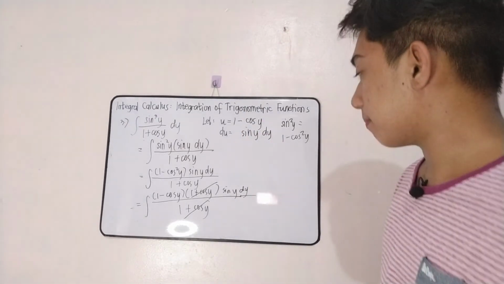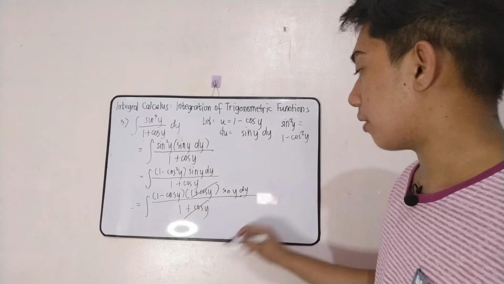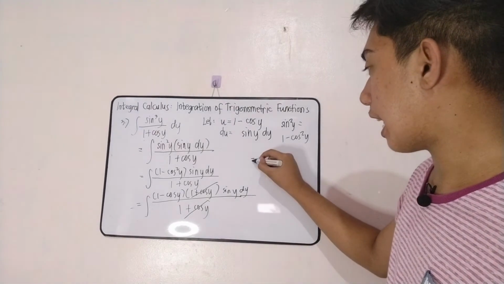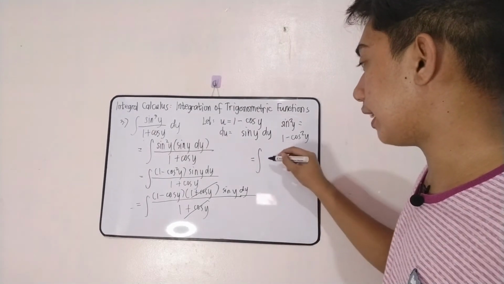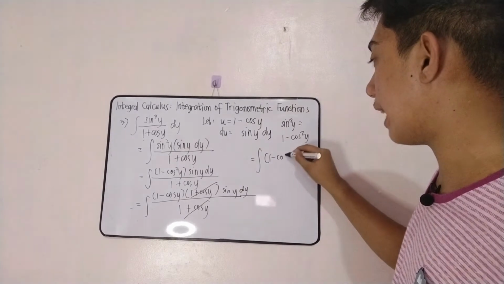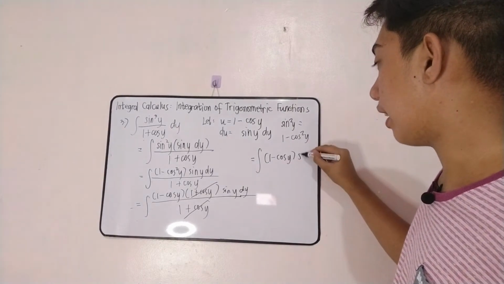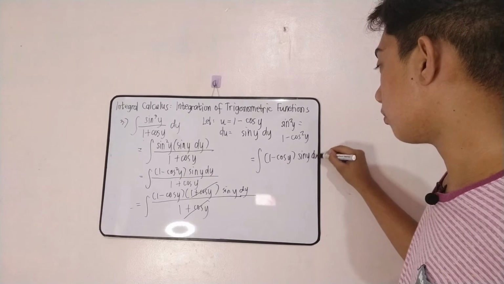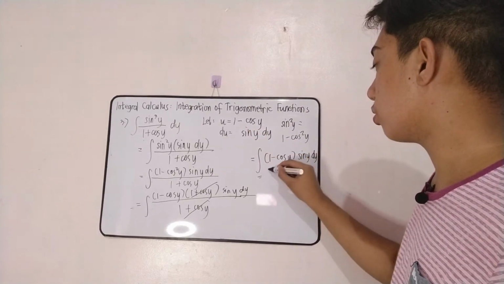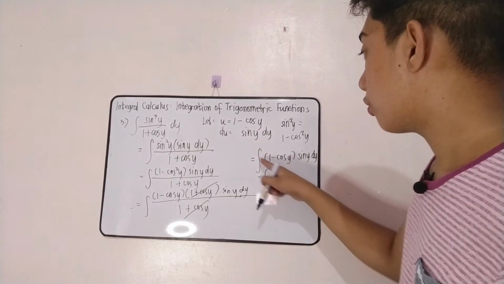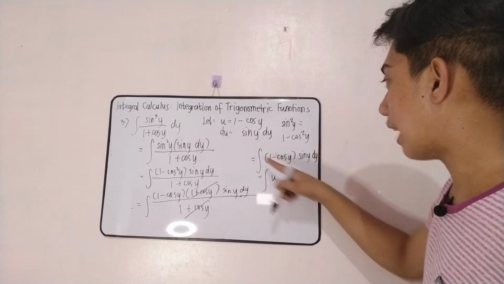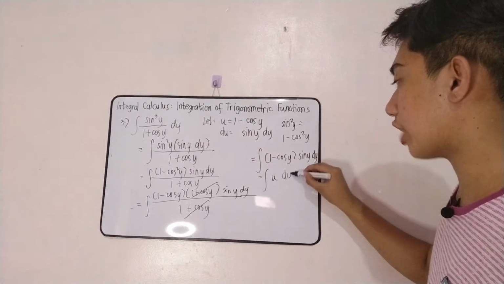Then, for this one, nag-cancel man siya, we can say that this is the integral of 1 minus cosine y sine y dy. And we can plug in the u. So, the integration of this one will be u times du, so u du lang siya.